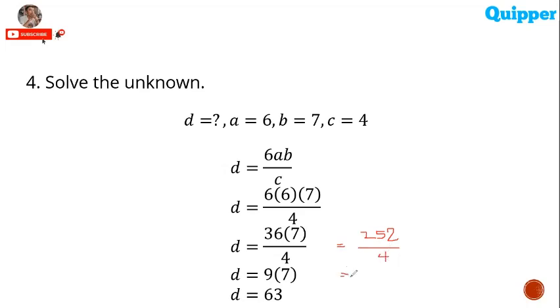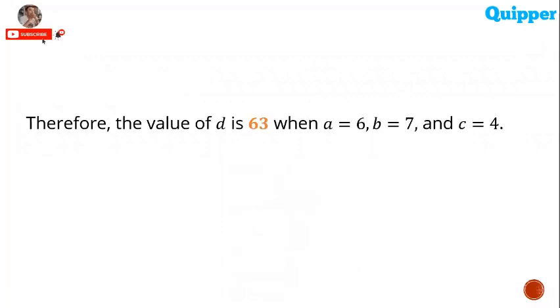It's still 63. Either of the processes, and that's now your final answer. D is equal to 63 when A is equal to 6, B is equal to 7, and C is equal to 4. Therefore, the value of D is 63.